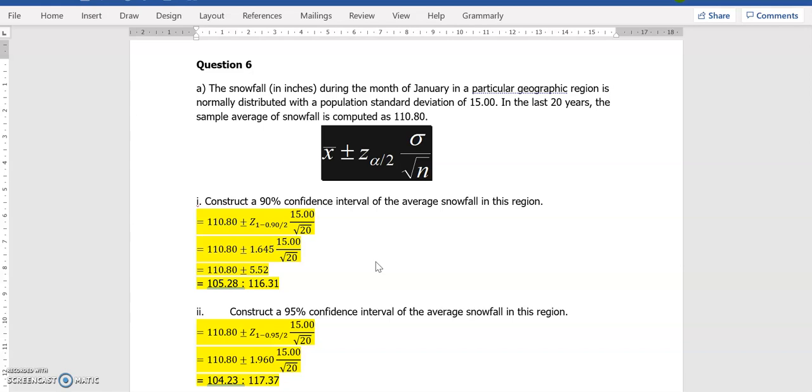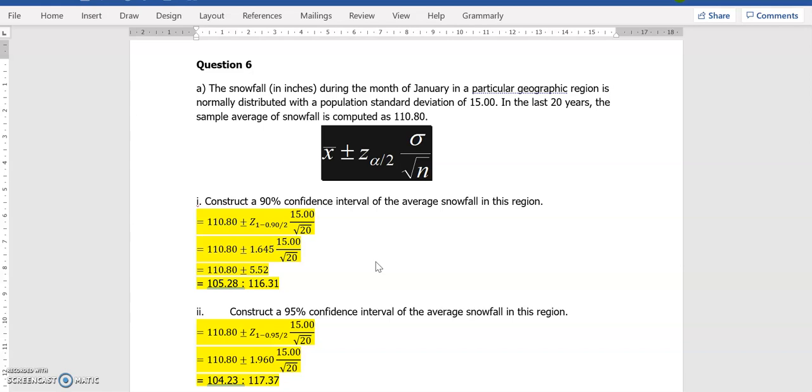I repeat, in interval estimate, we will try to determine 2 points, instead of 1 point, in which we believe that the actual value of a population is located.